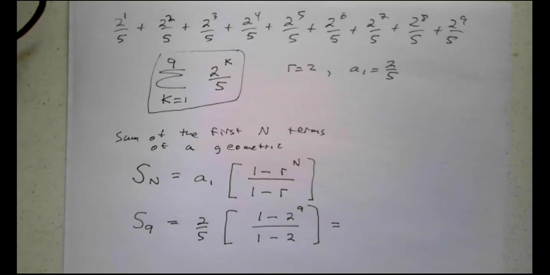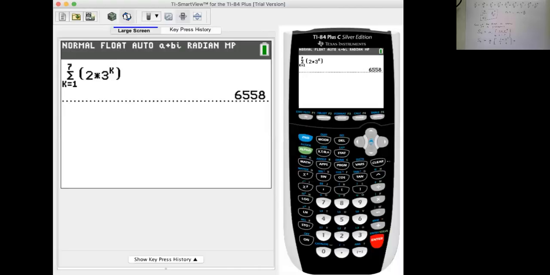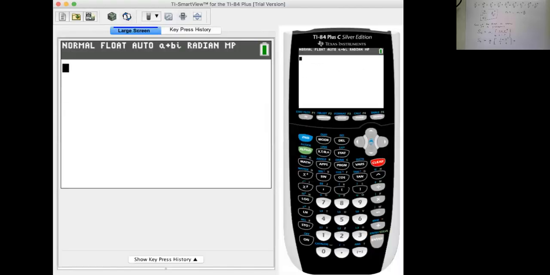So I will go ahead and find that graphing calculator. And we have 2/5 first. And we multiply that by 1 minus 2 to the 9th over 1 minus 2. So times, if you want, put a times there if you're interested, times 1 minus 2 to the 9th, divided by 1 minus 2. Always watch order of operations, numerator in a fraction, denominator in a fraction.